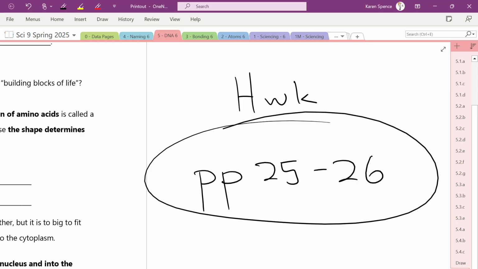The DNA has the instruction how to put together, but it is too big to fit here. It takes that instruction.